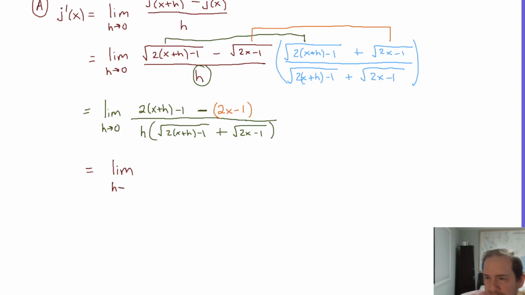So the limit as h goes to 0. In the numerator, we distribute this 2 to get a 2x plus 2h. And then still just a minus 1. Then distributing this negative gives us a minus 2x and a plus 1. Downstairs again, we've just got h.